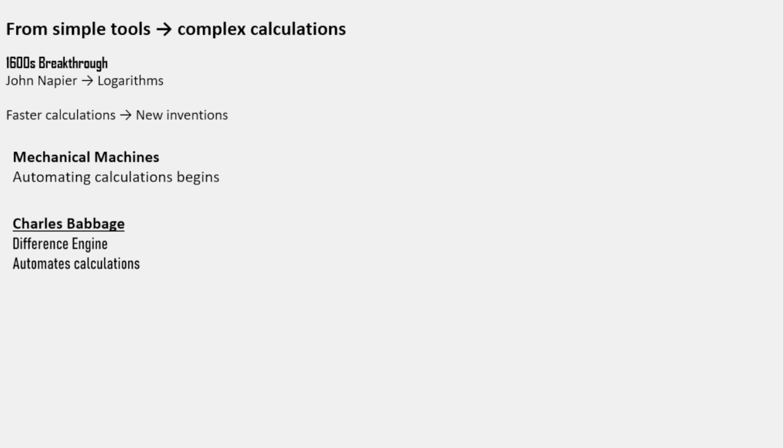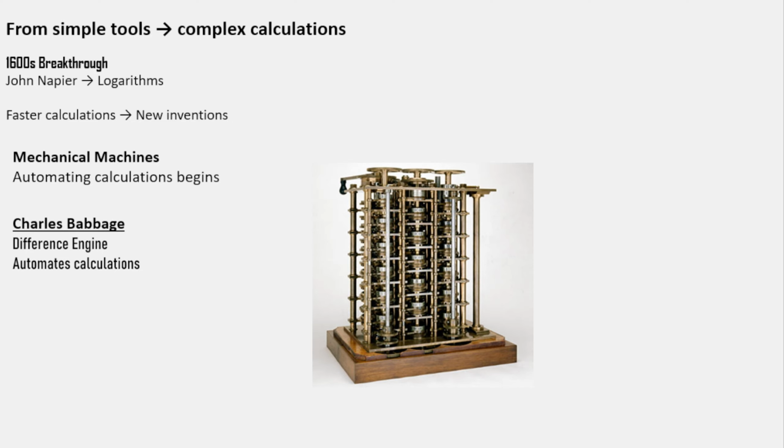So in the 1820s, he started designing a mechanical device known as the difference engine, using carefully connected metal gears, right? The machine would automatically compute complex mathematical results, and it could even print the answers directly onto paper, reducing the chance of human error.